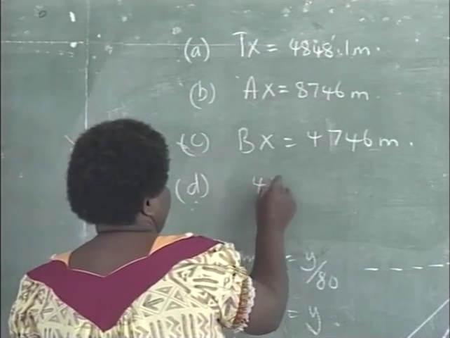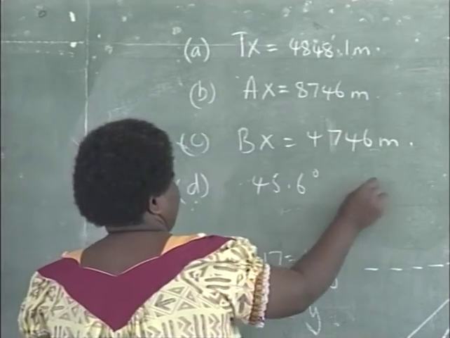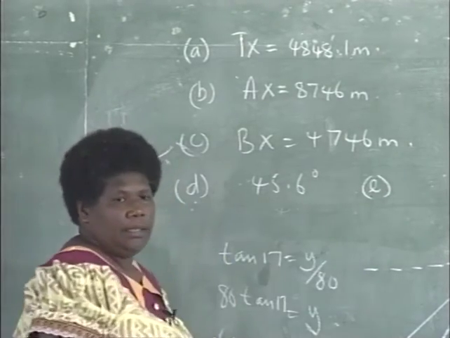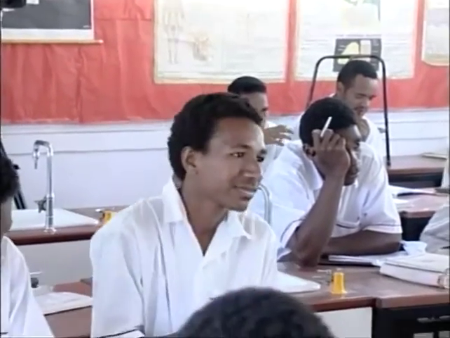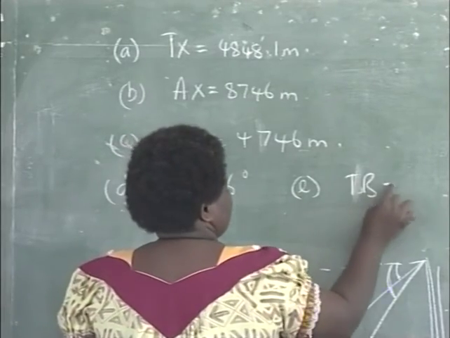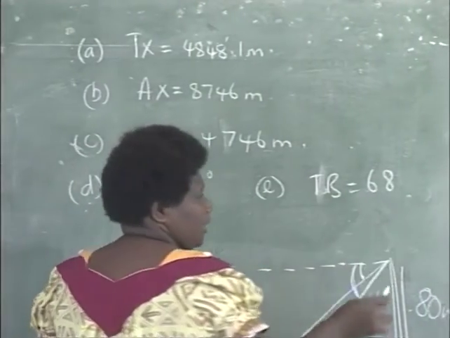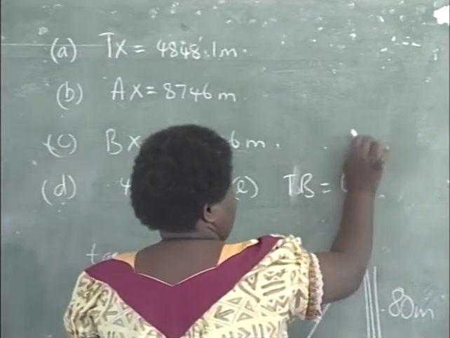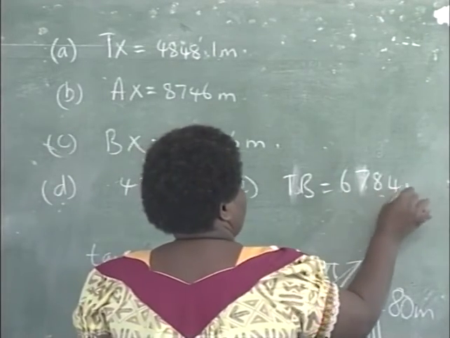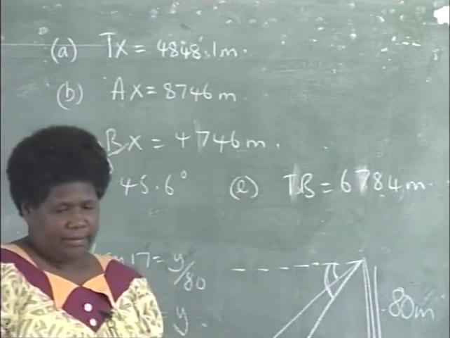45.6 degrees. And E, 6,784 meters to the nearest whole number.